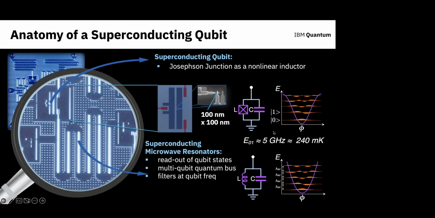What does the energy correspond to? 5 gigahertz, if you multiply by Planck's constant and divide by Boltzmann's constant, corresponds to a temperature of 240 millikelvin. That is substantially less than the critical temperatures of even these superconductors, which are a few Kelvin. We need to be substantially colder than 240 millikelvin, because otherwise we'll have a lot of thermal broadening in our 0 and 1 levels, which will add uncertainty about the frequency, and thermal fluctuations to our qubit, which causes dephasing.